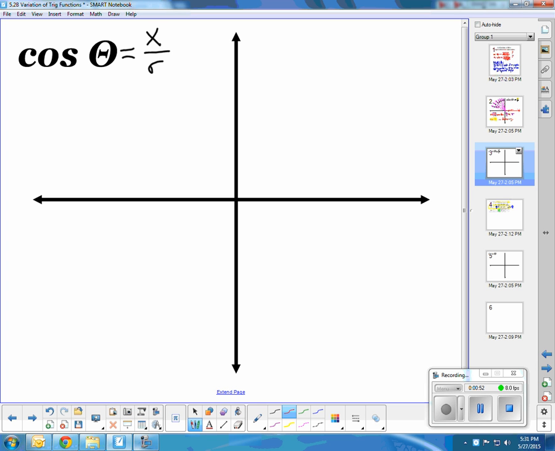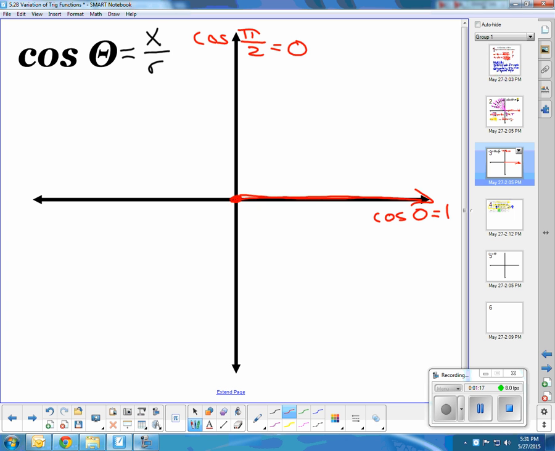So over here, if the terminal ray is along the x-axis, we know that cosine of 0 is equal to 1. If the terminal ray is along the positive y-axis, we know that cosine of pi over 2 is equal to 0.